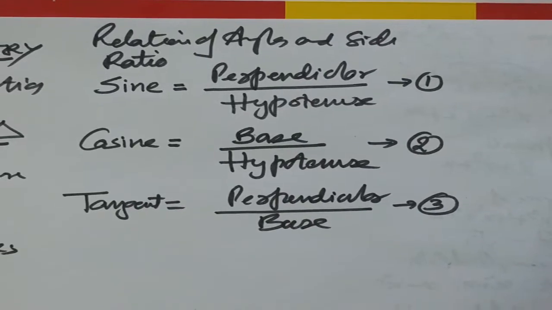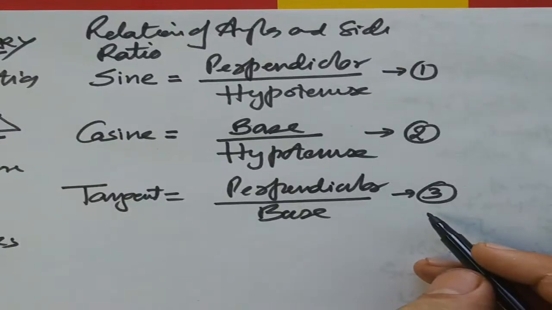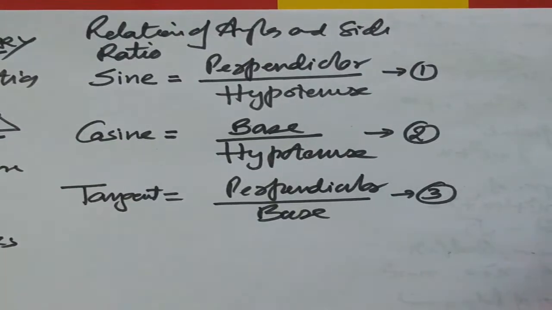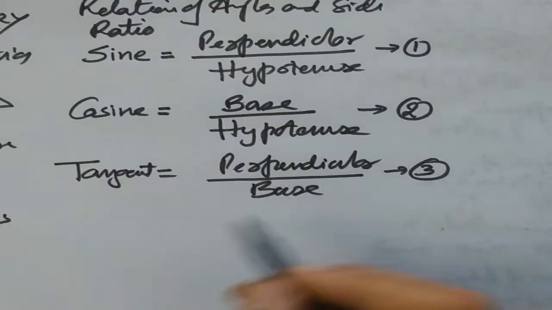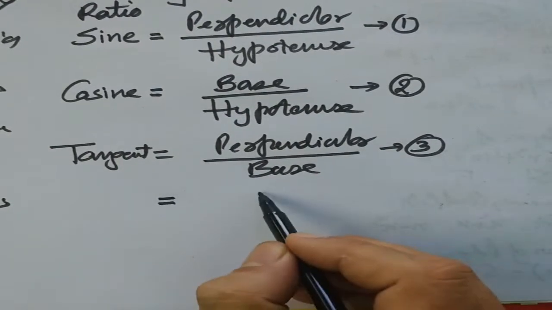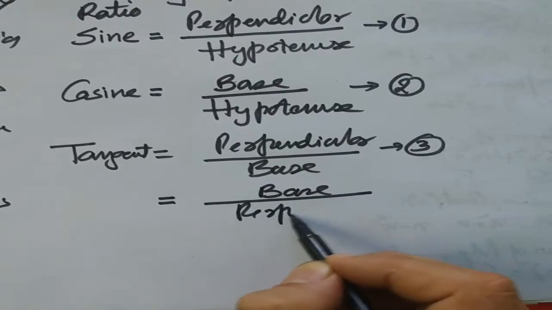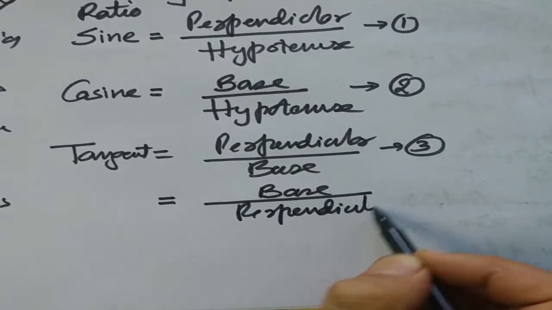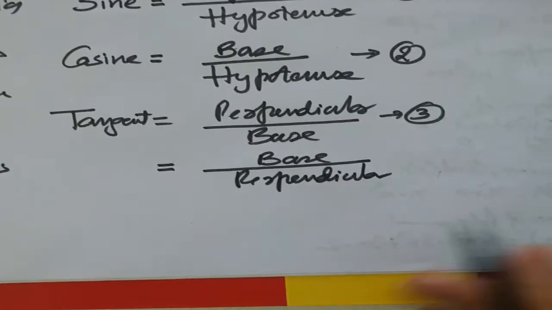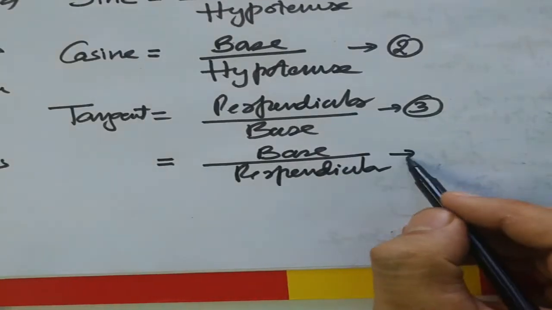And after this, there are three more ratios, but those ratios you will understand with the next part. The next ratio is between the base and perpendicular. Understand what I am writing. This is the fourth ratio.